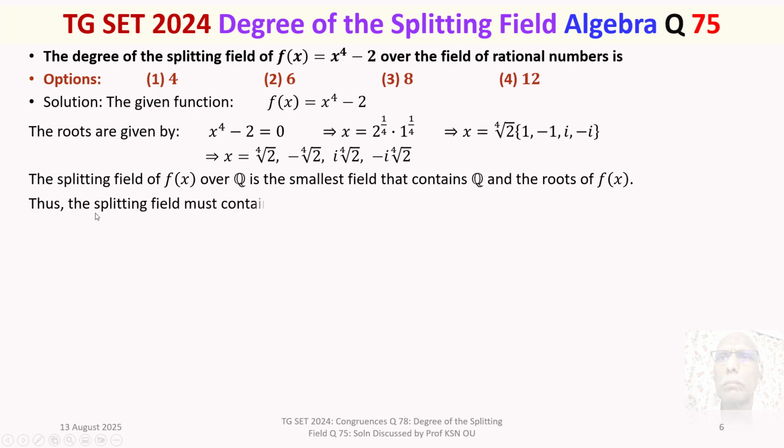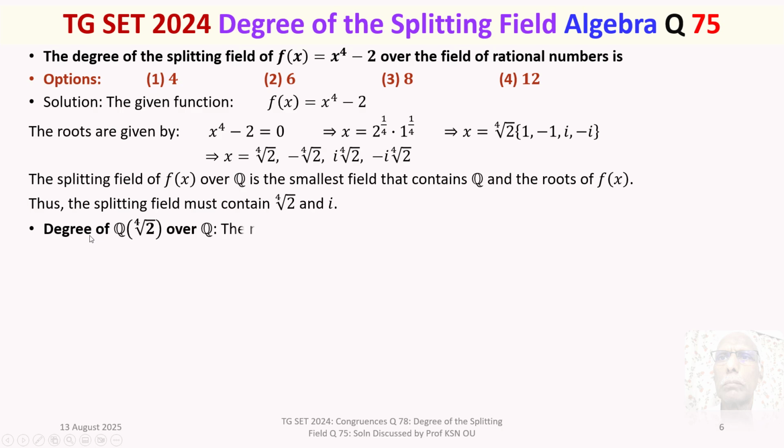Thus, the splitting field must contain the fourth root of 2 and i. That means you have to look for the extension in which the fourth root of 2 is there and i is there, and find the smallest field in which these two are present.